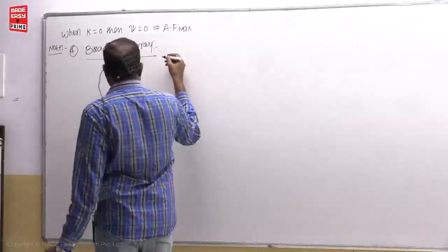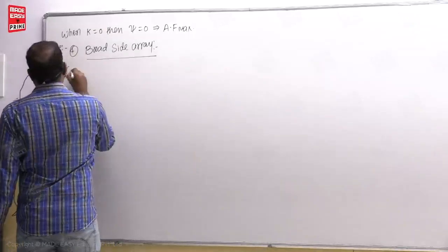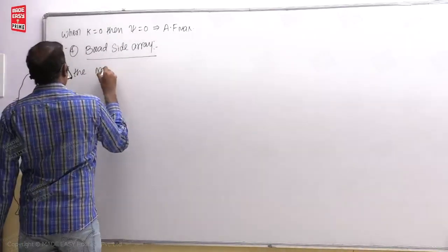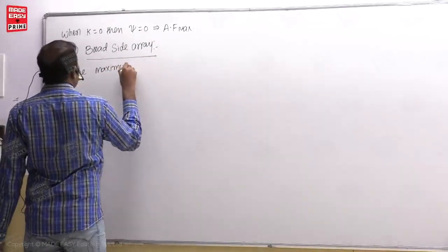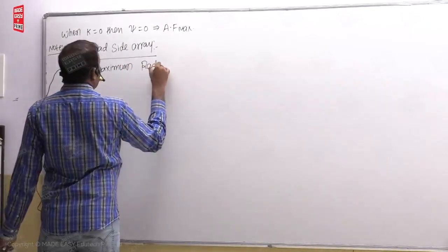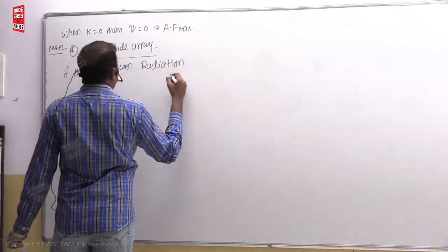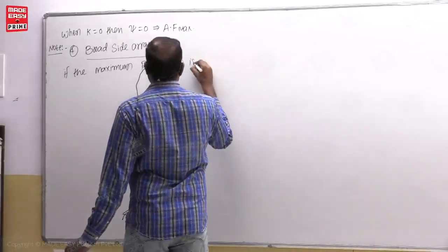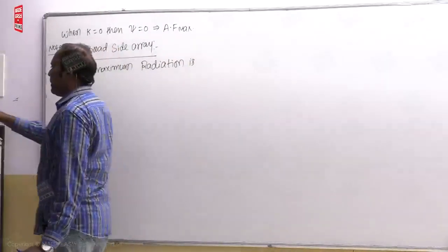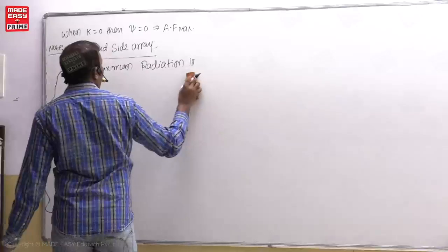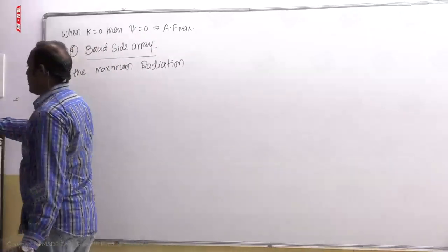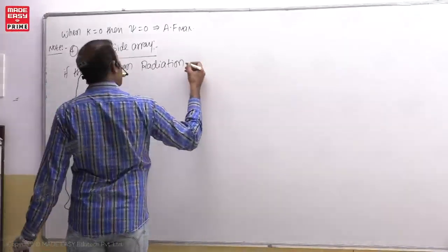So here, if the maximum radiation is, that means maximum radiation means, students, electric field should have maximum value. So if the maximum radiation, okay, I will write it there.